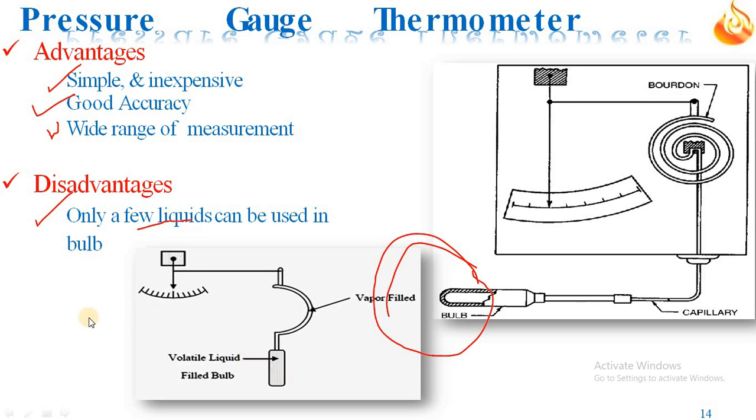Depending on the temperature, the expansion of fluid will take place, and this expansion will cause the deflection of this Bourdon tube, or in this diagram, the unwinding of the spring. Since the free end of this Bourdon tube or spiral tube is connected to the pointer, this deflection will cause the pointer to deflect, and the deflection of the pointer will give us the temperature.